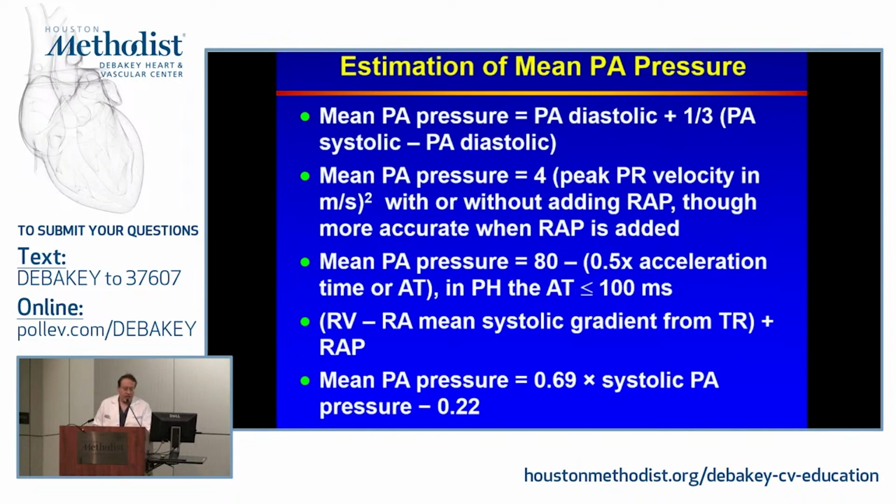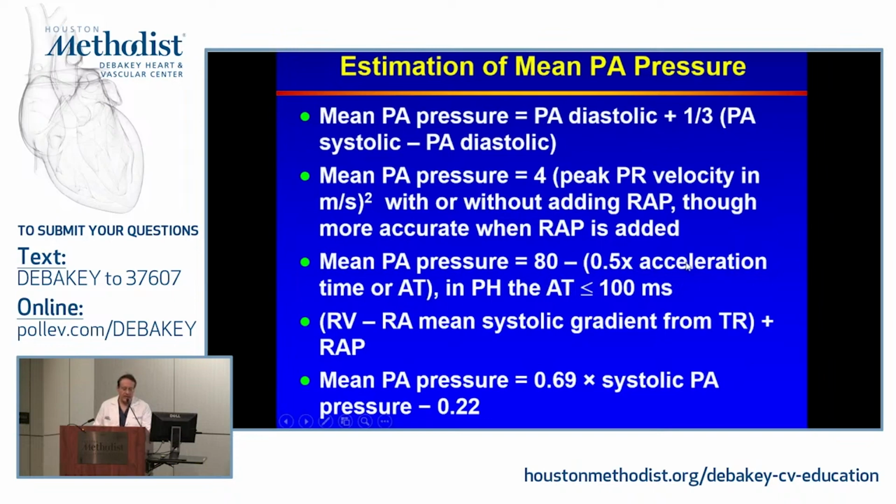Another approach that has been published, at first in abstract forms, but more recently in a lot of manuscripts, looks at the acceleration time, how fast the velocity in the RV outflow tract increases. If it takes a short time for the velocity to increase from 0 to its peak value, that's a short acceleration time, and that is seen in situations with pulmonary hypertension. And that's the regression equation.